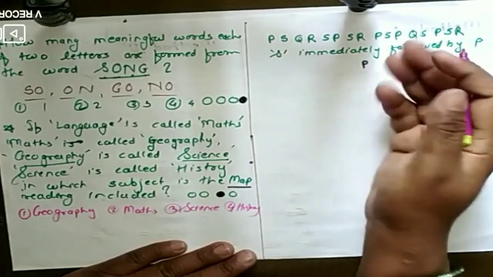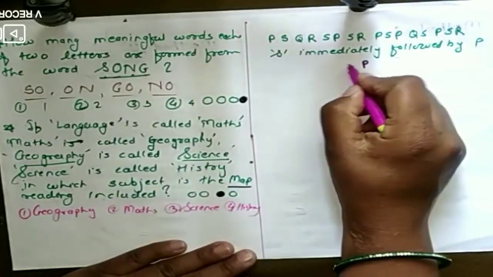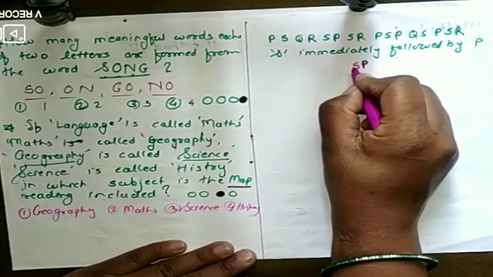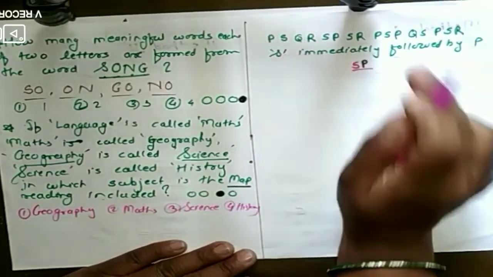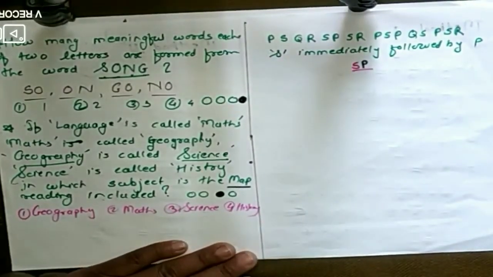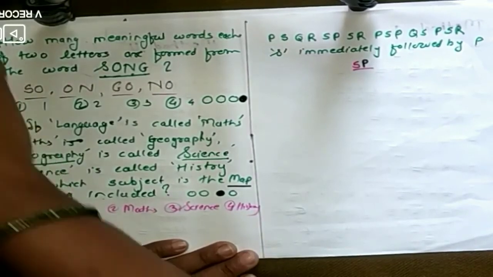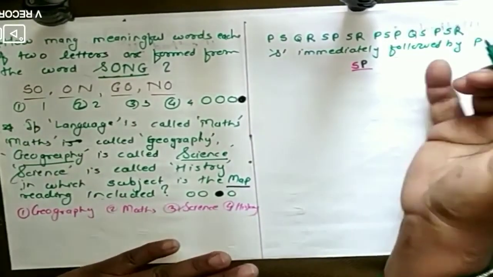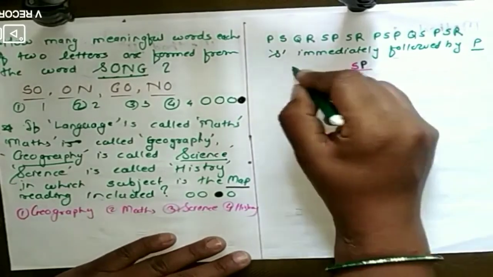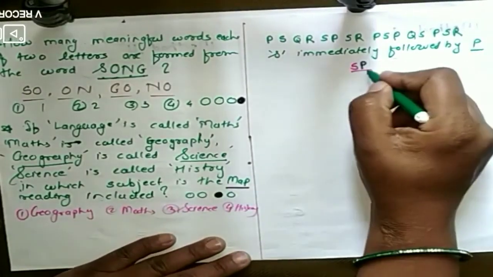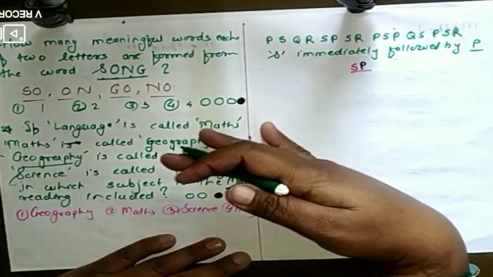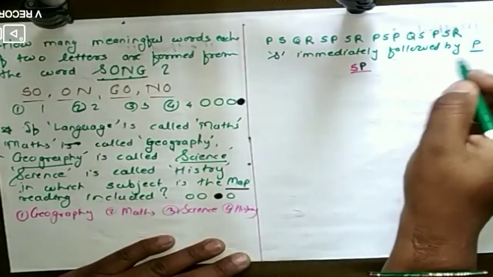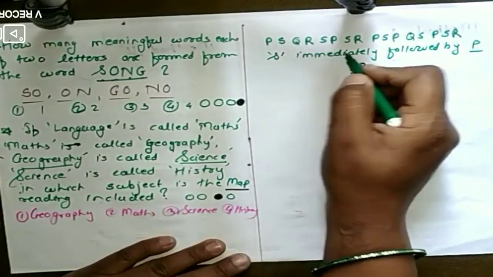Followed means towards the left side. Means S immediately followed by P, so we have to find the SP series in this. How many times did SP come in this series? Followed by means we have to take P, S immediately followed by P. So S is followed by P, which means we have to find SP in this series.